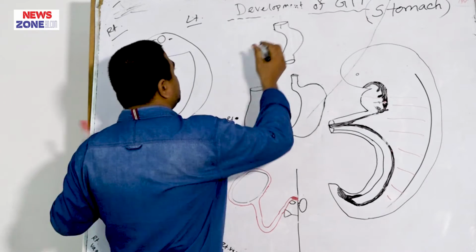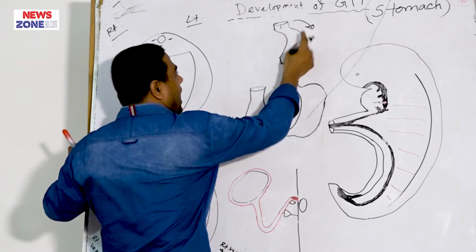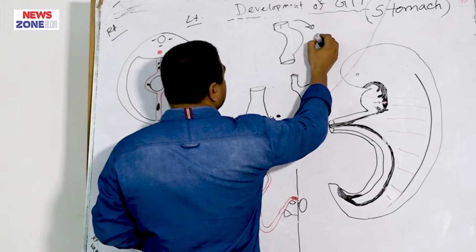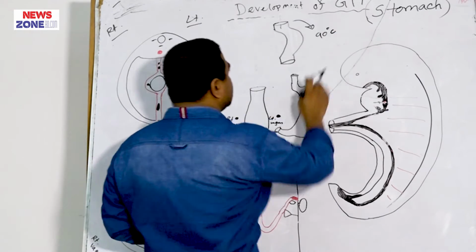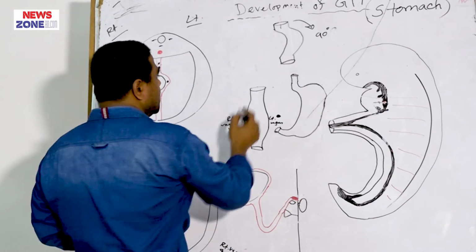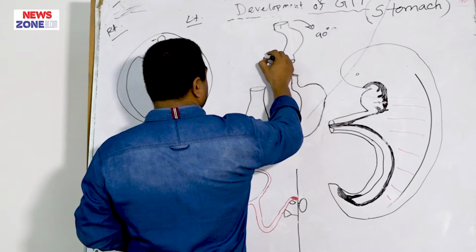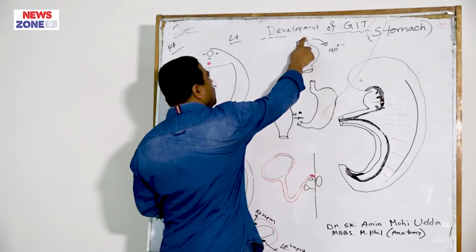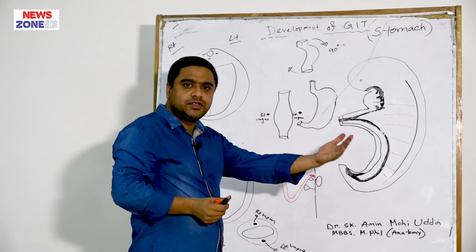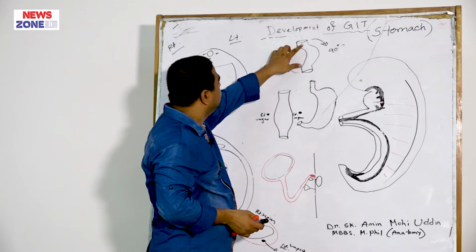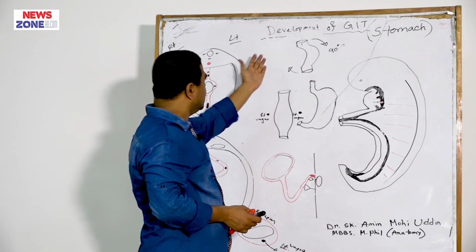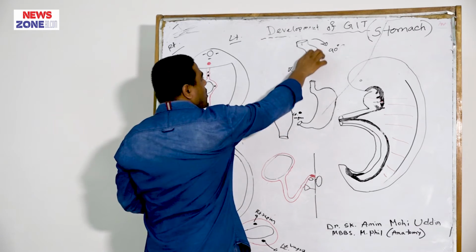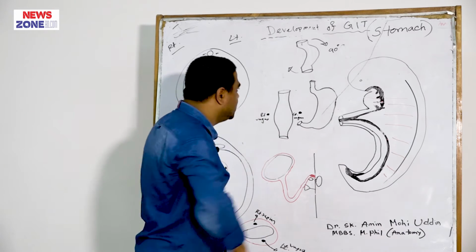This rotation takes place around the longitudinal axis and is about 90 degrees clockwise. Now the posterior wall becomes the left border and the anterior becomes the right border, and previously the right border forms the posterior surface and the left border forms the anterior surface.